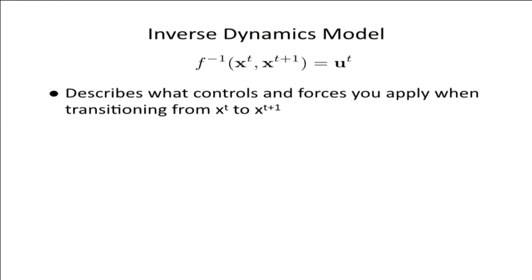Yeah? So if optimizing over just the states is considered direct collocation, what do you call it when you're optimizing over the states and the controls? So there's different nomenclature for this. I think that also tends to get called the collocation method as well.